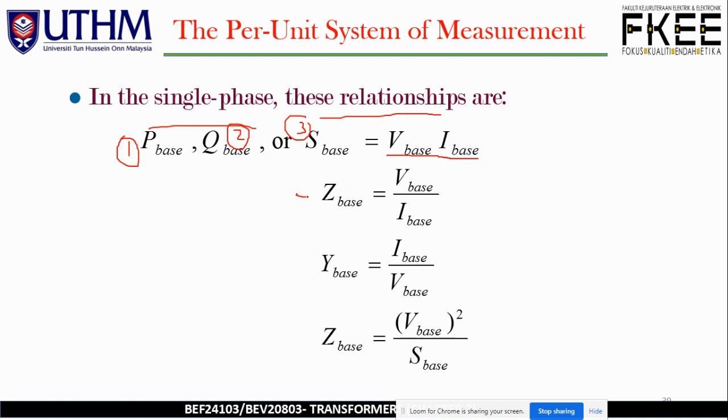And then the fourth quantity we have Z base, which is V base over I base. Meanwhile for Y base, the quantity number 5, equal to I base over V base. And then Z base equal to V base square over S base.